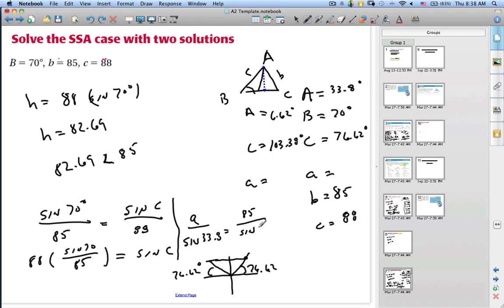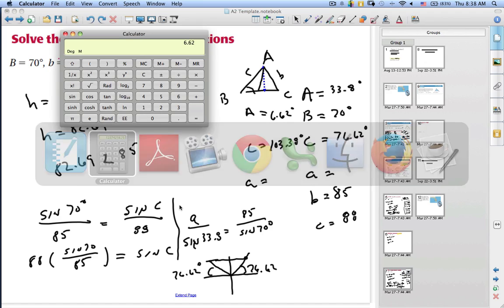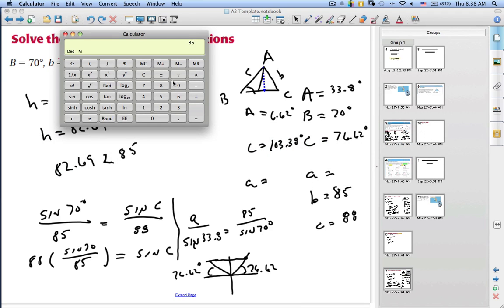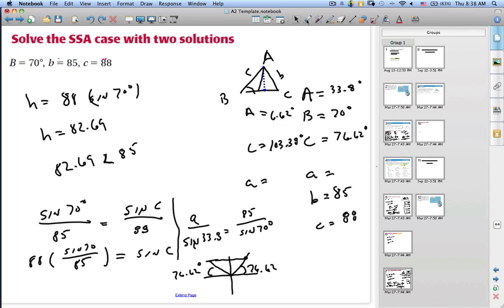So I'm going to multiply both sides by the sine of 33.8. When we work through and solve for that, we have 85 divided by the sine of 70 times the sine of 33.8 equals, and I have a length of 50.32.